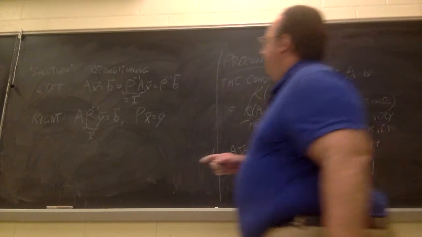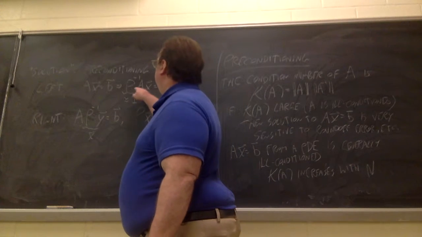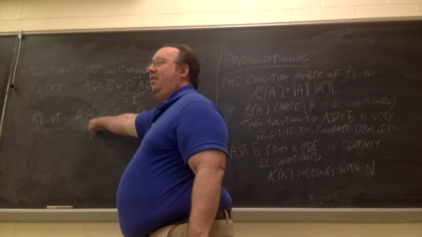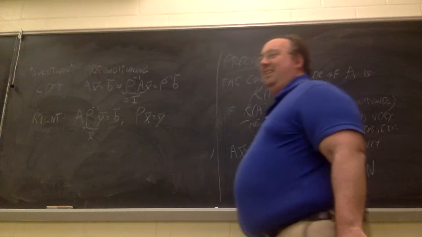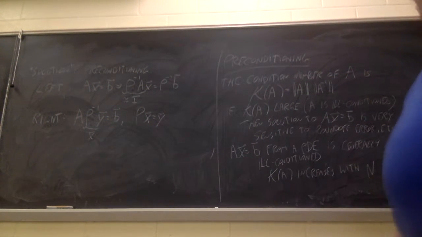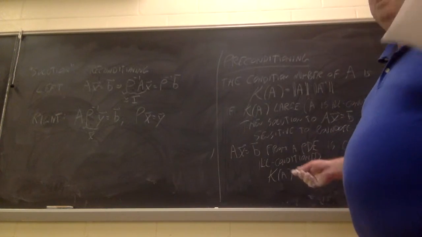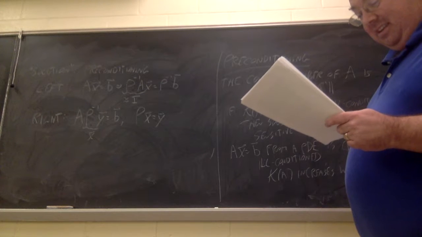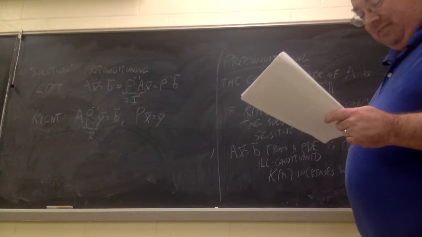No, here the matrix we're multiplying A with is on the left, and here it's on the right, on the right side of A. Okay, I'm thinking of the equation. Oh, I see what you mean now. All right.